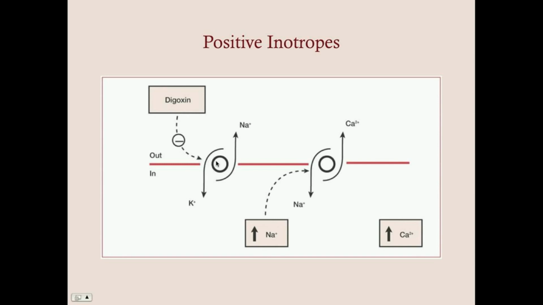And because you inhibit this sodium-potassium ATPase, you're going to block the export of sodium from the heart cell. So by blocking the export of sodium from the heart cell, we're going to increase our cellular concentration of sodium. We have this calcium-sodium exchanger.